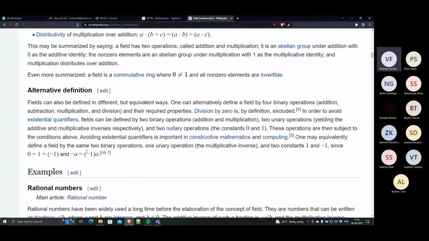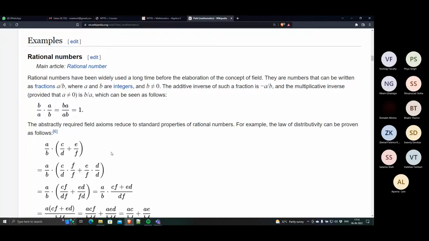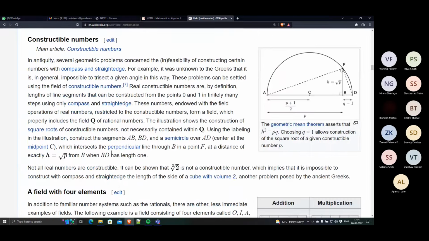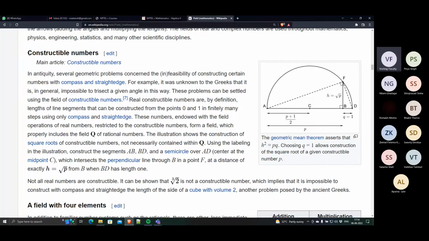So examples are rational numbers, just as you said, real and complex numbers, just as you said, and something called constructible numbers. We will learn constructible numbers in this course. In this unit, we will come across constructible numbers, but currently, just remember that this is an example. We will need this.